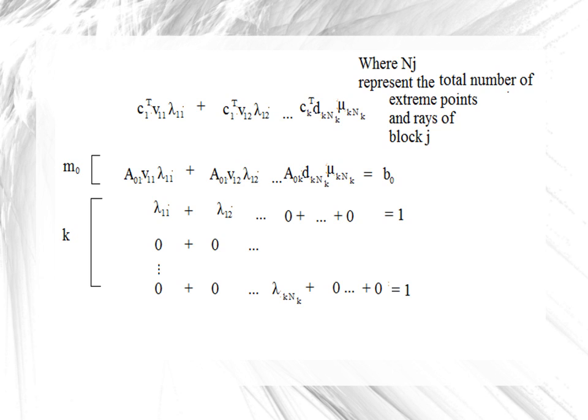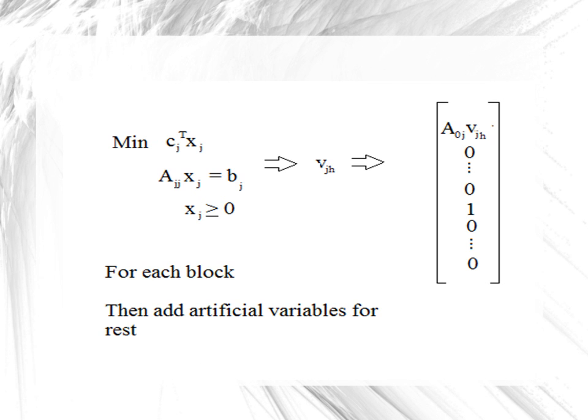We now need to start off with a basic solution. We can simply run the following LP for each block to minimize Cj xj. The optimal value will be an extreme point, say Vjh, or some point along some extreme ray, so we can generate the following column.